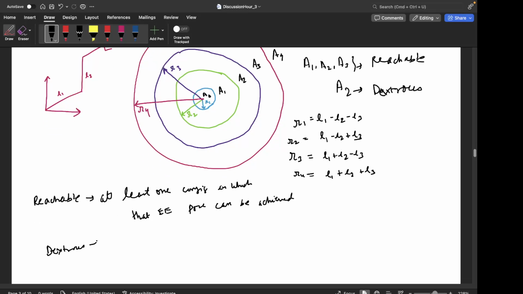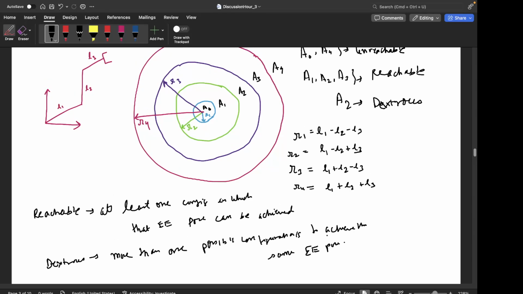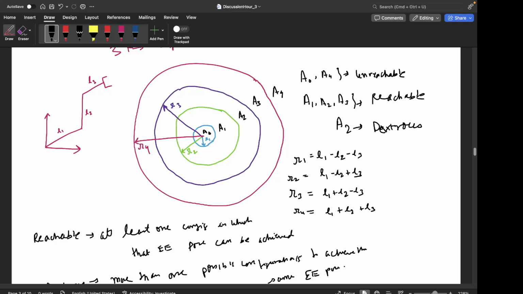And dexterous means that there is more than one possible configuration to achieve the same end effector pose, right? So that is one crucial thing to keep in mind about the dexterous and the reachable workspace.